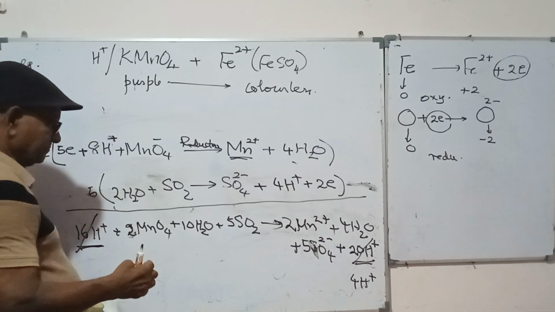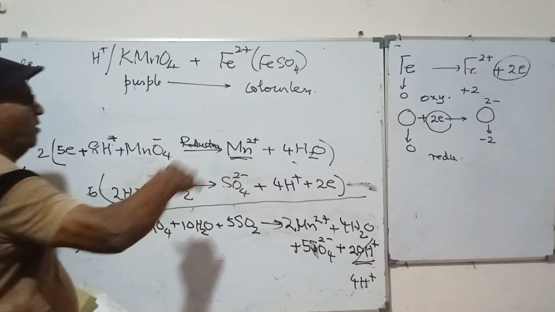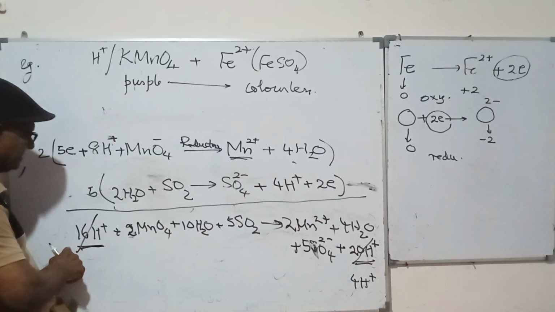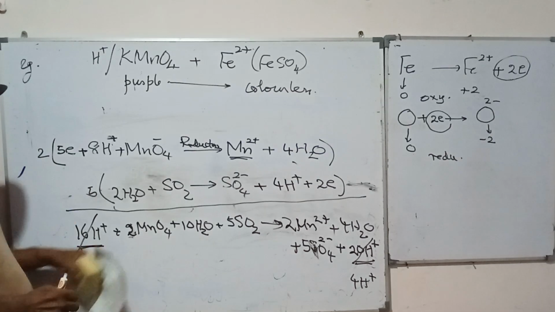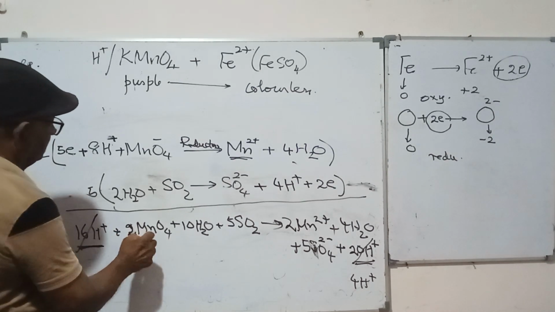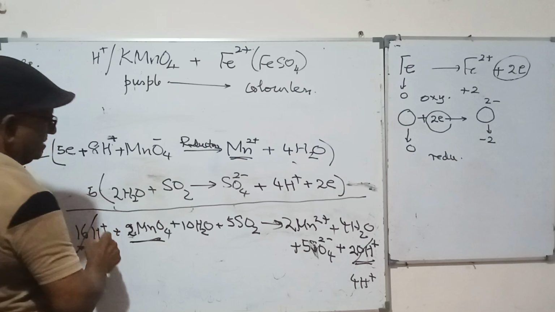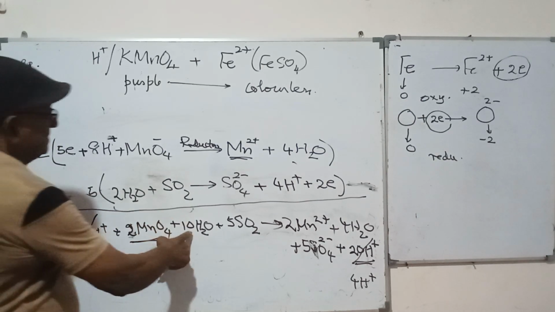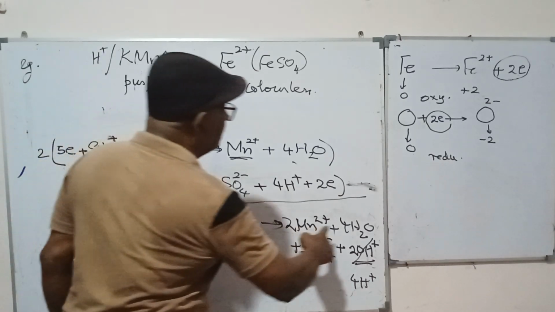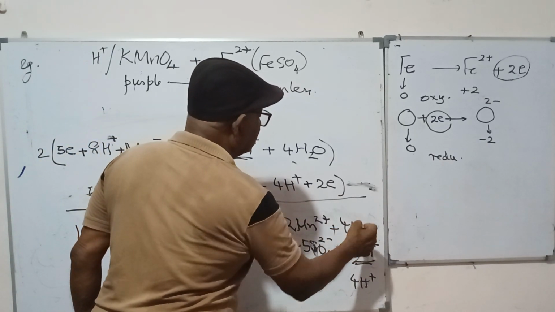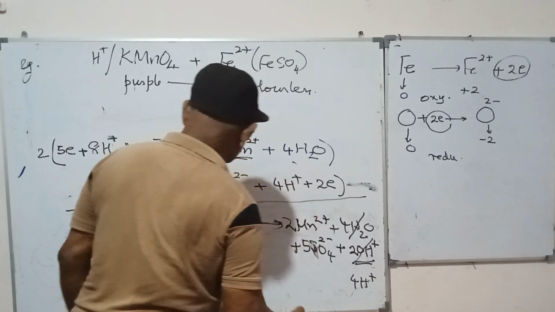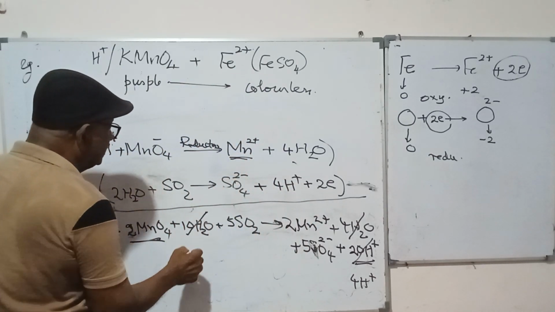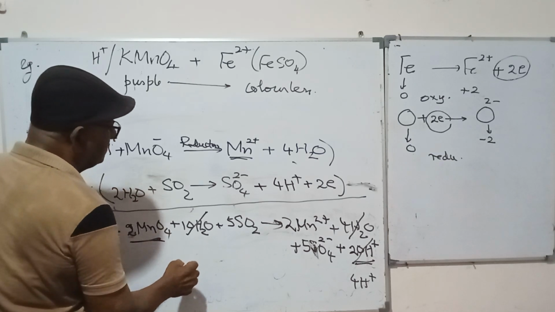During the reaction, 4 plus is formed as the product, not a reactant. 2MnO4 minus should be present. 10 water, 4 water, then 4 water cancelling out of 10, 6 water remaining.